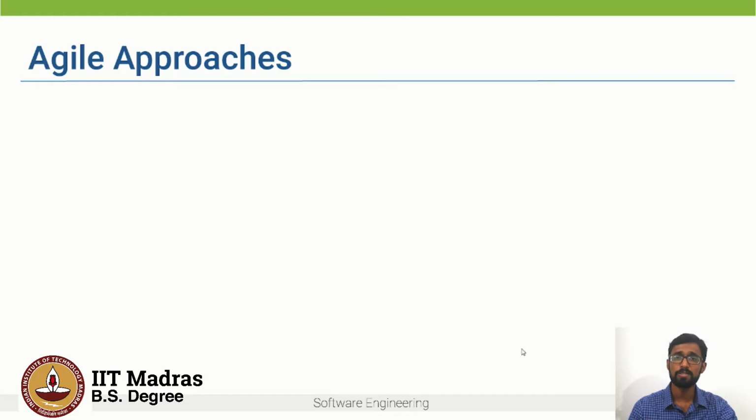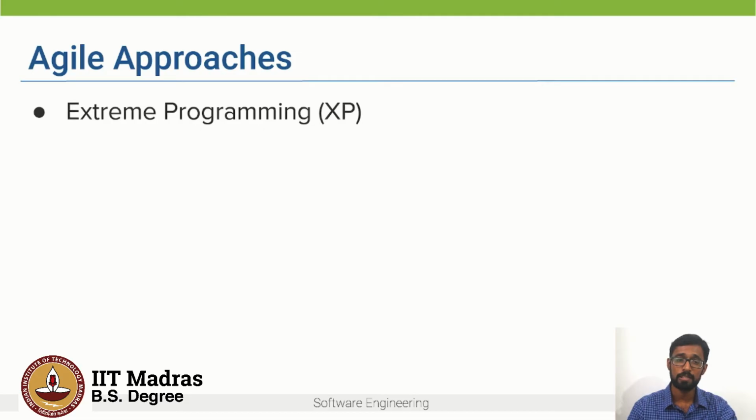Okay, so let us look at some agile approaches. One of the earliest agile approaches is extreme programming or XP, and it has several key practices like behavior-driven design, test-driven development, pair programming, etc. We will look at some of these in detail in the upcoming weeks. Another approach is known as Scrum, in which the product is built in a series of iterations known as sprints, which are roughly 1 to 2 weeks long.